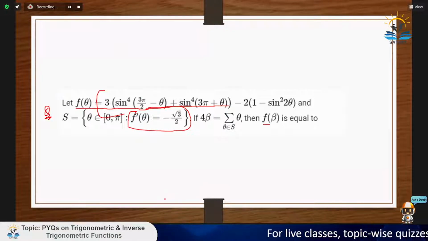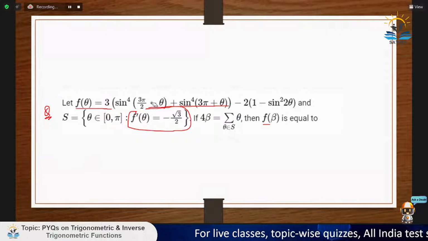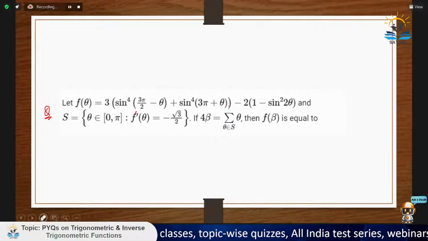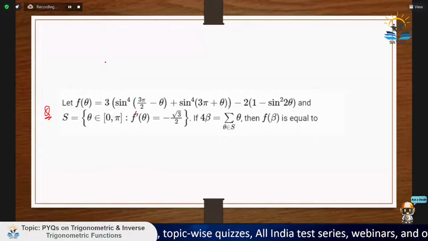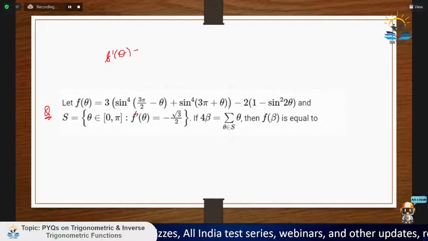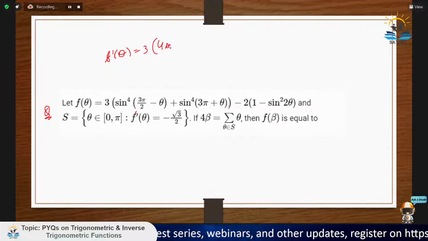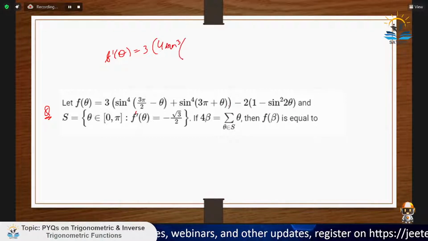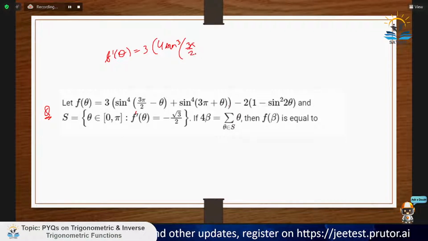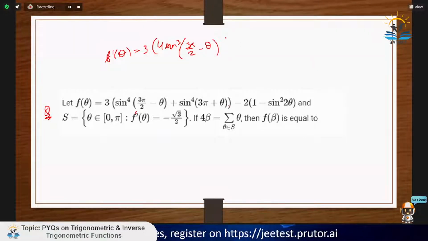When you will differentiate f theta, you will be getting something like f dash theta equal to 3 times 4 sine cube of (3 pi by 2 minus theta), and then the differentiation of sine theta would be cos theta.